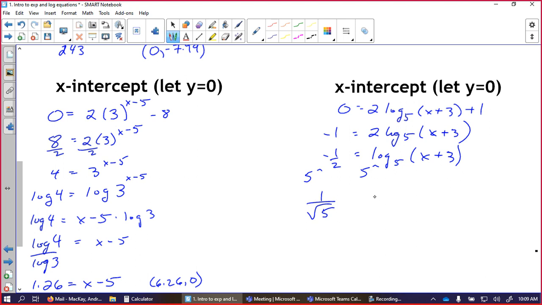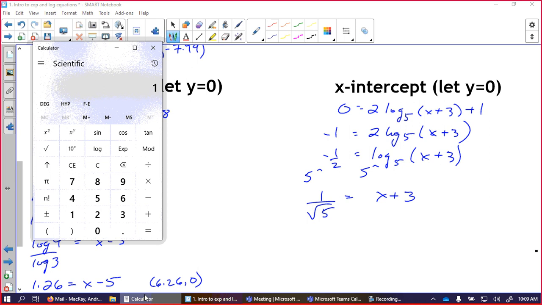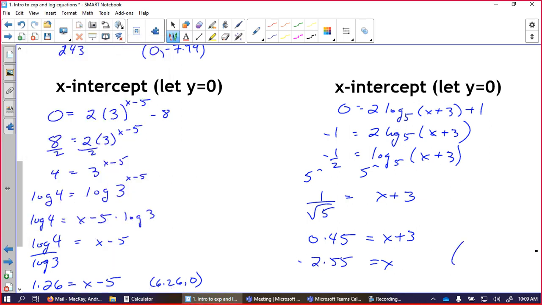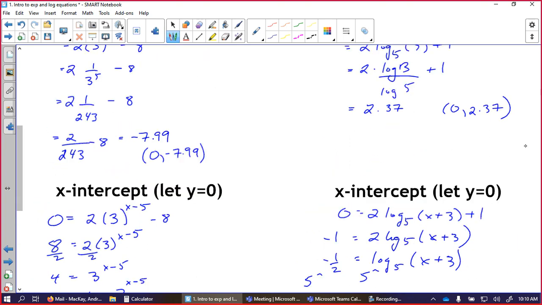Because the half gives us the root, the negative gives us the fraction. 1 divided by the square root of 5 equals 0.4445-ish. Minus 3. So there's our x-intercept. A logarithmic function typically has a vertical asymptote. Oh, so that's why that's going to actually exist.